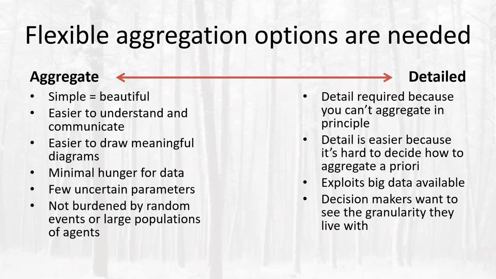And, you know, within that universe, there's a whole spectrum of possible ways to represent any given problem, from the very aggregate kind of classic SD view to the very detailed view. And there are a lot of pressures that push you one way or another on this spectrum.